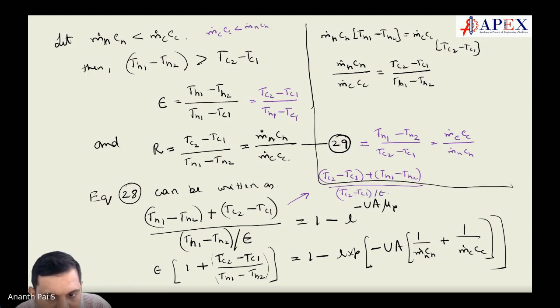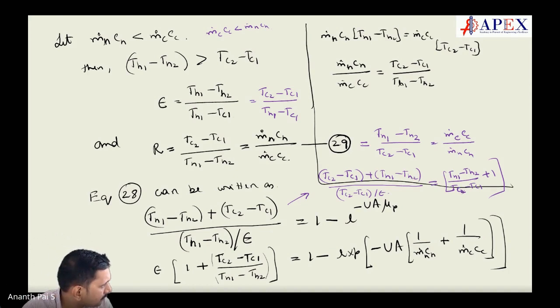Make sense? And this would come out as Th1 minus Th2 divided by Tc2 minus Tc1 plus 1. See the beauty? Correct? So this is R plus 1, no change.